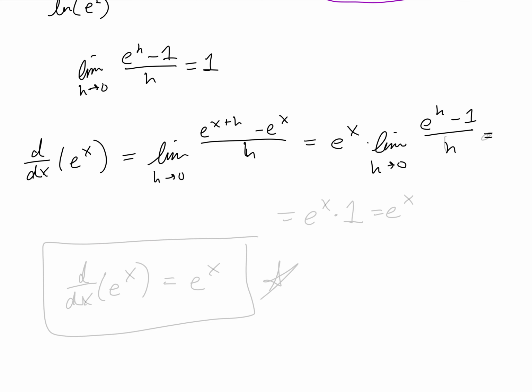And we have just proved that that limit is 1, so that's e^x. So we have found that the derivative with respect to x of e^x is itself, e^x.